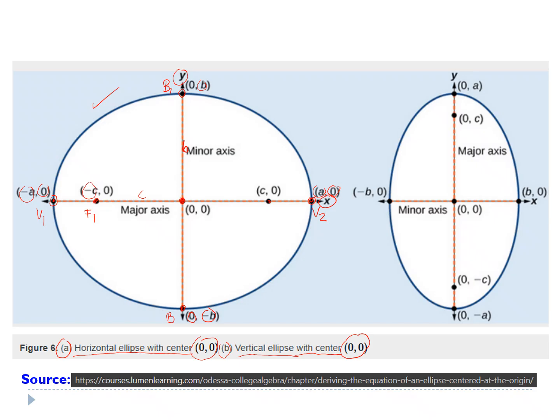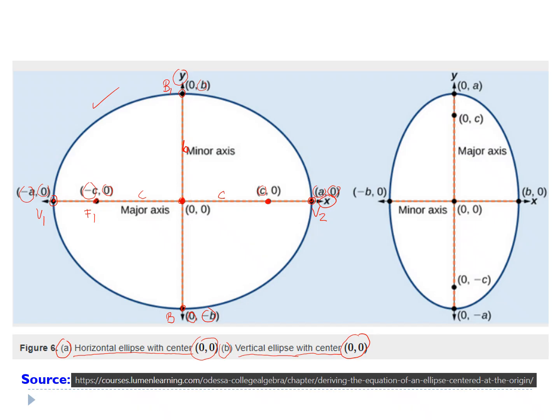And for the ordinate, since this point lies on the x-axis, the ordinate is equal to 0. And on the right side of the origin, the distance from the center to this focus is equal to c, and since this is to the right of the origin, this is positive c, and again the ordinate is 0, since the point lies on the x-axis.